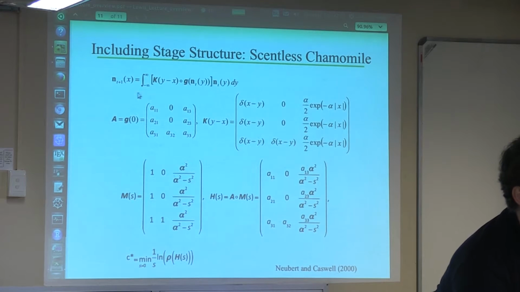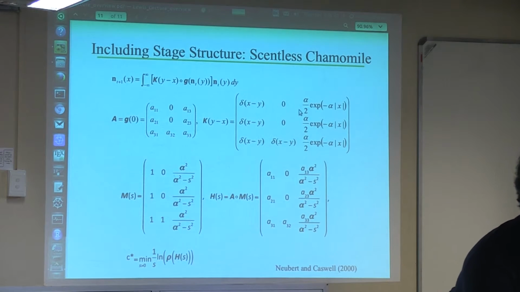And then the formula for this speed, this should be, this is the A here. This is the K. What we need to do is take the moment generating functions of this matrix and then take the Hadamard product with A and then do this calculation.